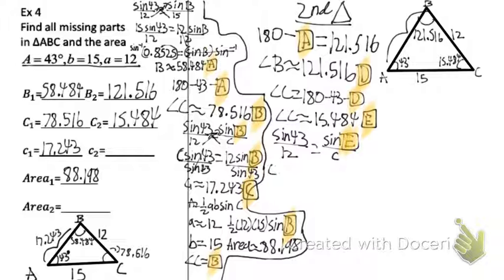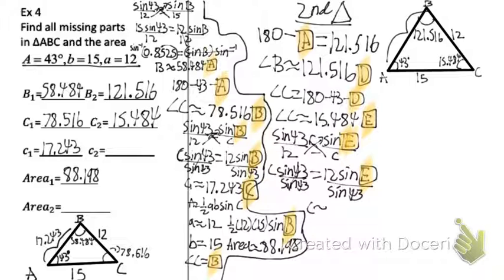So we cross multiply: C sine 43 equals 12 sine E. Then we divide sine 43 on each side, so we can leave C alone.